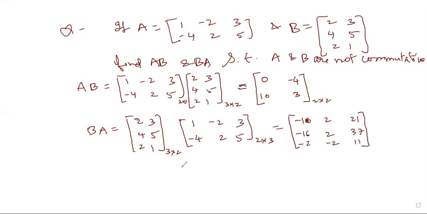So clearly AB is not equal to BA, so the commutative property does not follow.